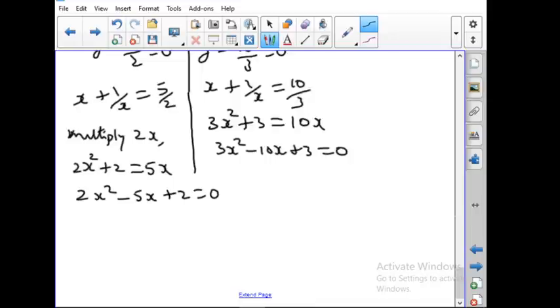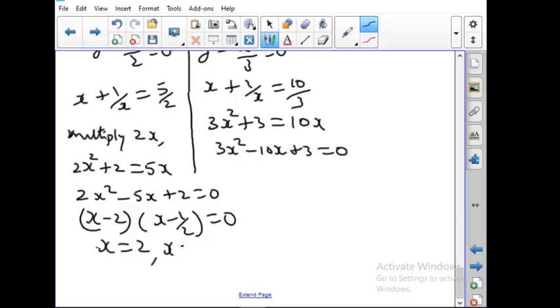Now again we have to factorize. Here product is 4, sum is minus 5. Therefore, x minus 2 into x minus 1 by 2 is equal to 0, x is equal to 2 and x is equal to 1 by 2. And here product is 9 and sum is minus 10.